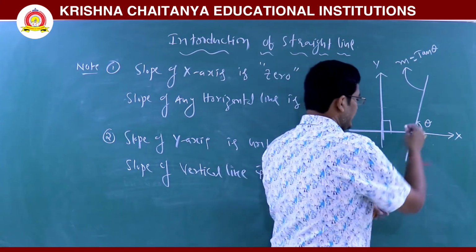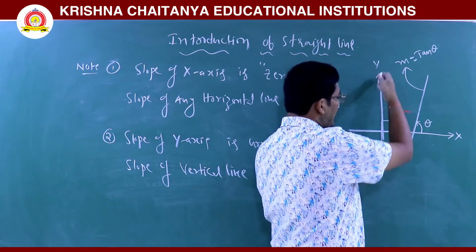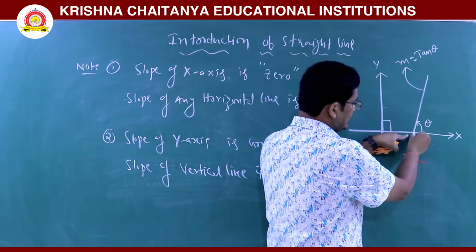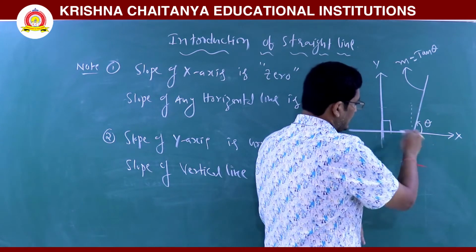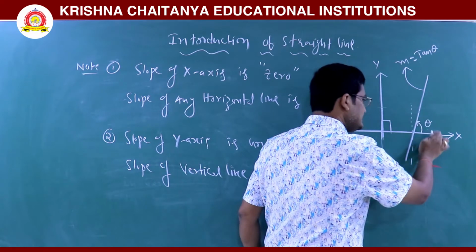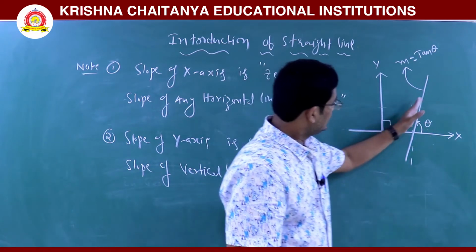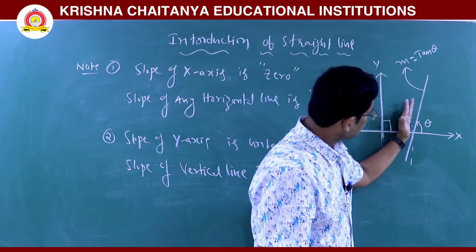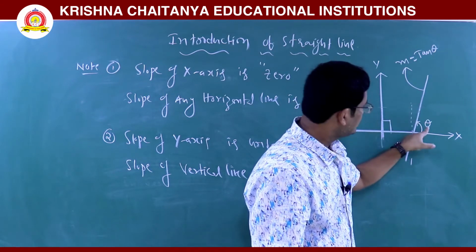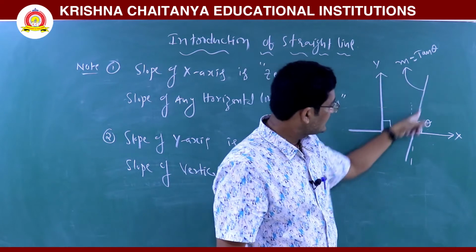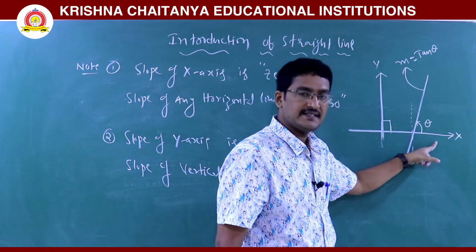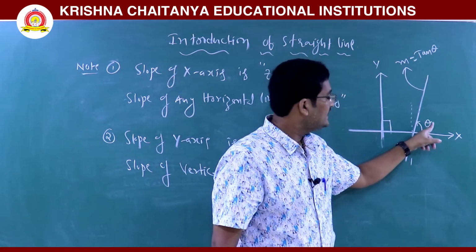Suppose you draw a parallel line passing through 0 like this. Then the angle between this dotted line and x-axis is 90. But here that one rotates like this. That means the angle decreases. So this one subtends an acute angle with the x-axis here. So theta is acute here.